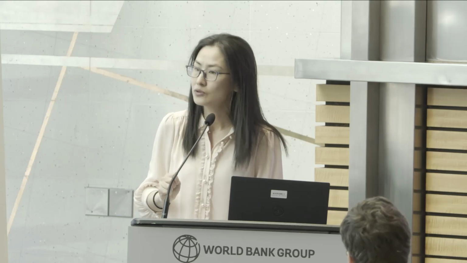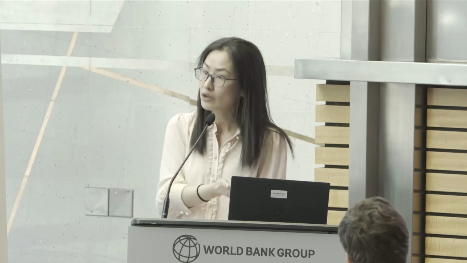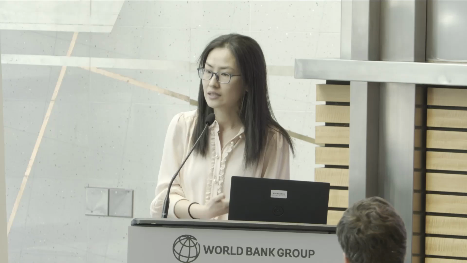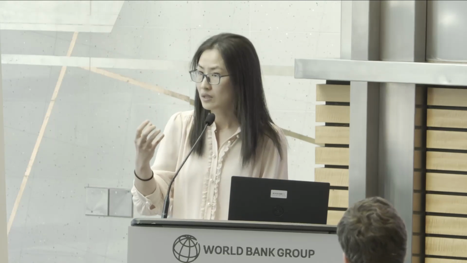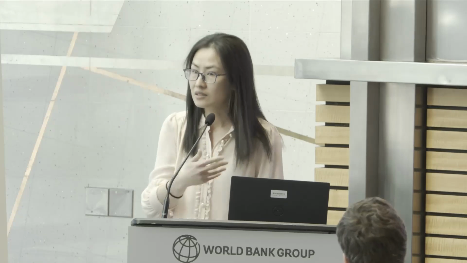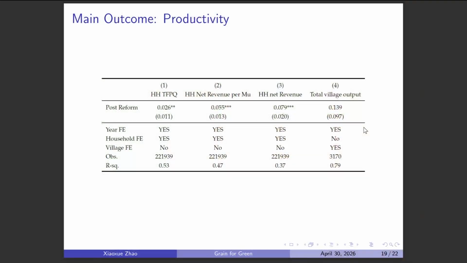Therefore, any program that tries to push labor out of agriculture can in fact improve efficiency. And we also find results supporting that. It's really the low-productivity farmers that are moving out. So even if it's not voluntary, we have results suggesting there's definitely a labor sorting channel operating.